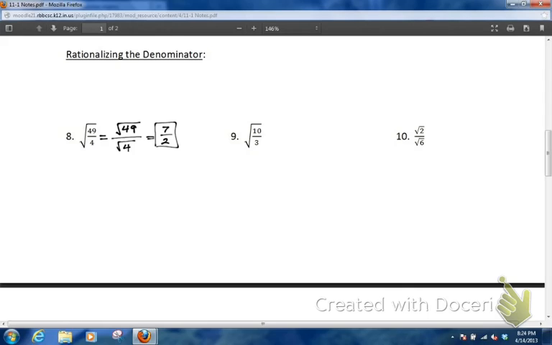Now, for this next part, we have the square root of 10 over 3. So again, I'm going to change it to the square root of 10 over the square root of 3. Now, since radicals have very similar properties that whole numbers do, dealing with the fractions will be the same.